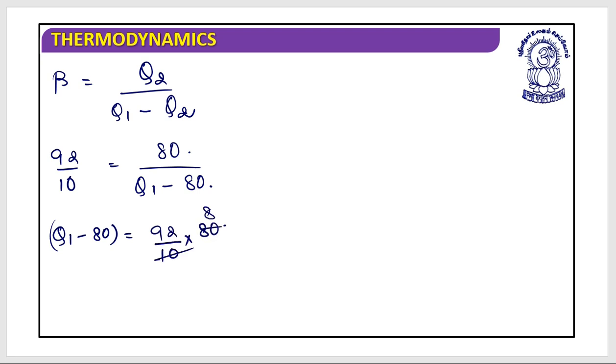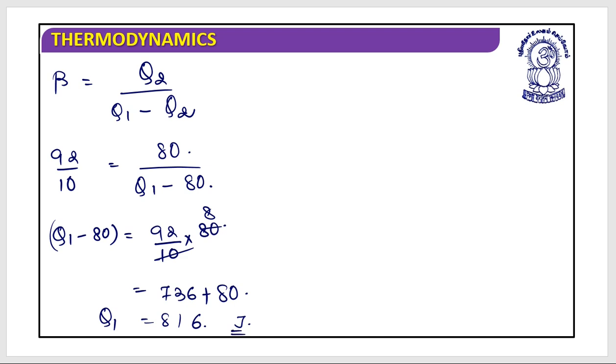So this is 92 into 8, which is equal to 736, plus 80. The 736 plus 80 is equal to 816.